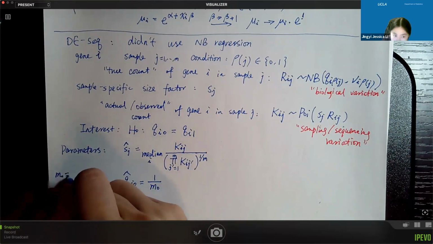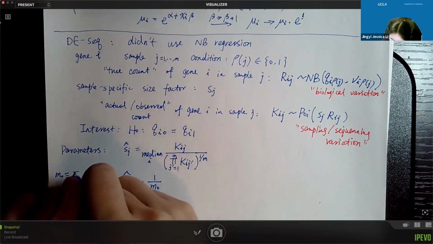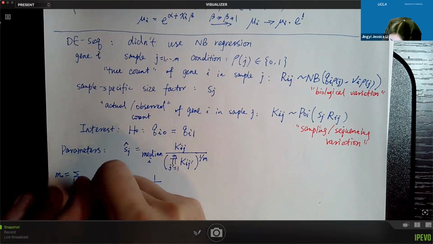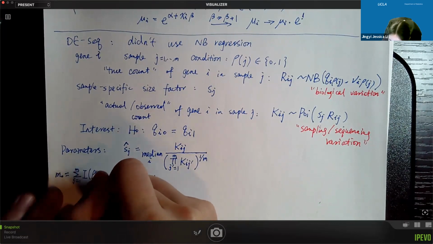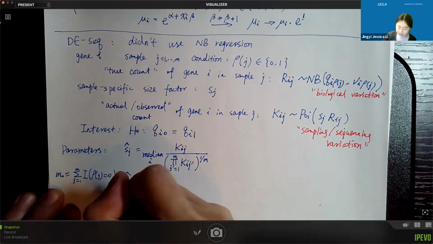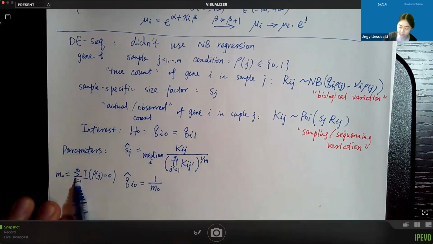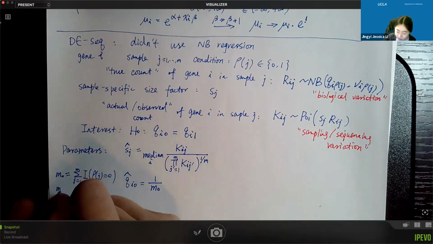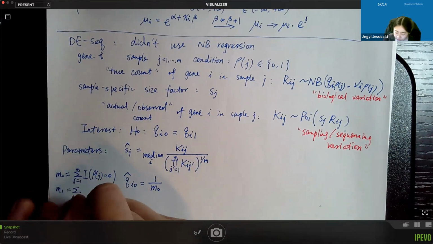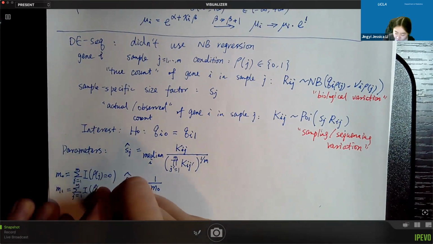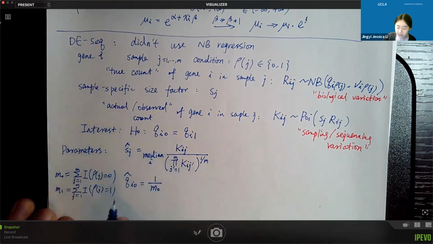M0 is defined as the summation of j from 1 to M of the indicator that rho j is 0. When it's 0, I get a 1 and I take the summation. And M1 is the summation j from 1 to M of the indicator rho j equals 1. So the number of samples in condition 0 and condition 1.